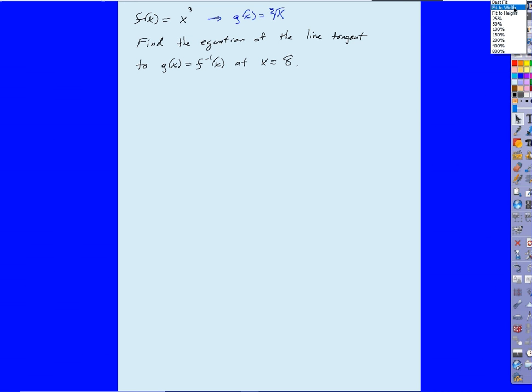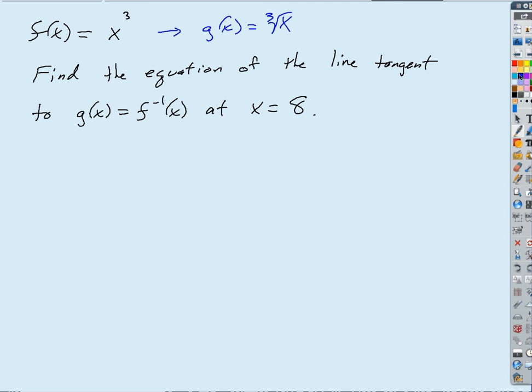Why don't you think about that for a second? I know that I need a point of tangency for my g of x function. I know that's going to have an input value of 8, but I want to find the output value. Yes, sir?